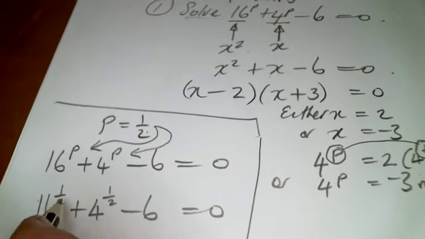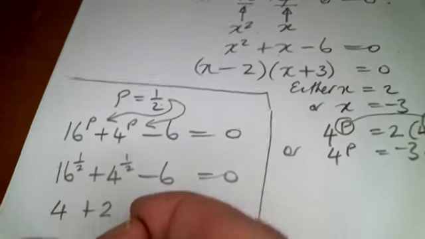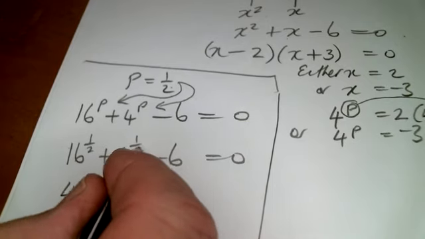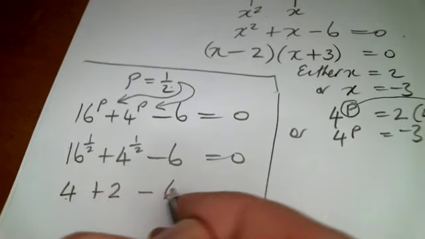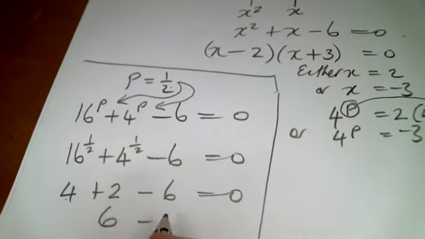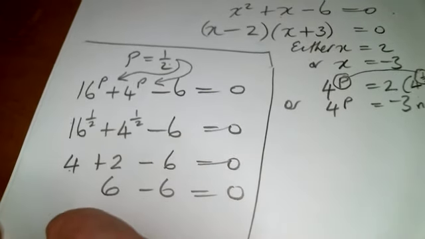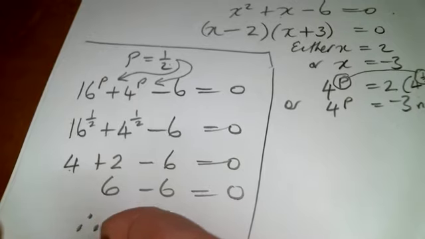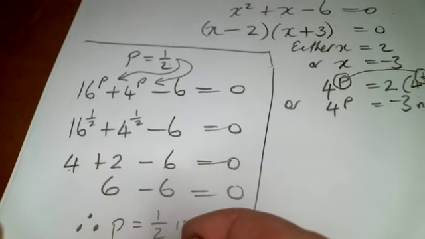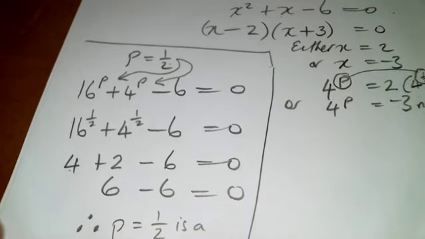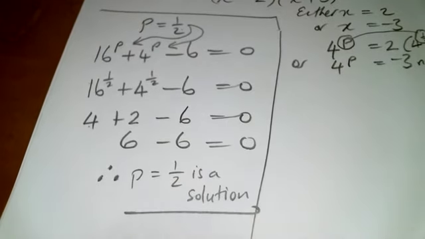Well, 16 to the half means the square root of 16, which is 4, plus the square root of 4, which is 2, minus 6 equals 0. So we've got 6 minus 6 is 0. This is true. Therefore, p equals 1/2 is a solution. And there is our result.